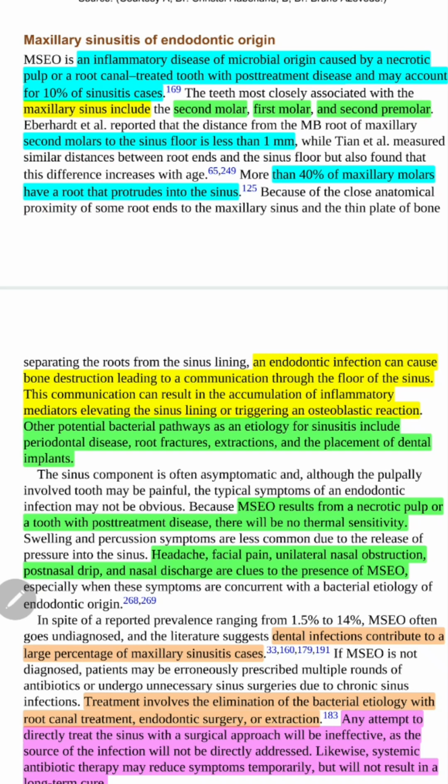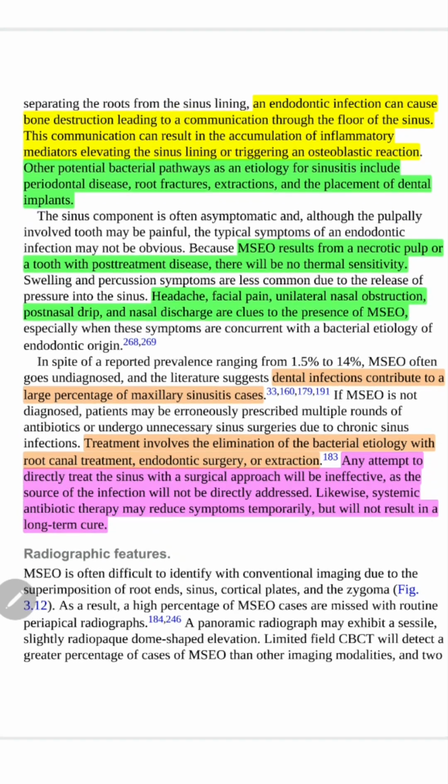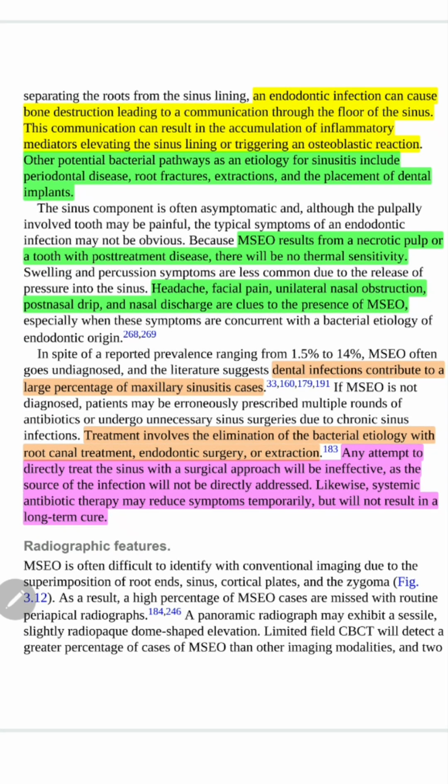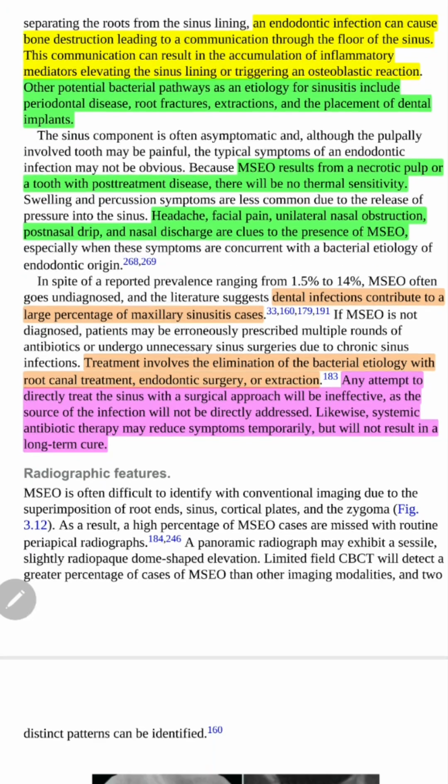There will be no thermal sensitivity, and headache, facial pain, unilateral nasal obstruction, postnasal drip, and nasal discharge are clues to the presence of this disease. The treatment involves the elimination of the bacterial etiology with root canal treatment, endodontic surgery, or extraction.